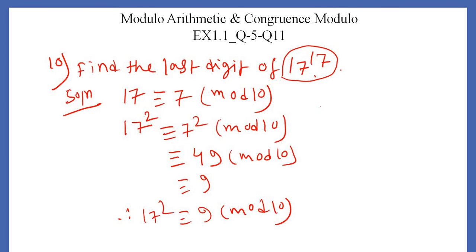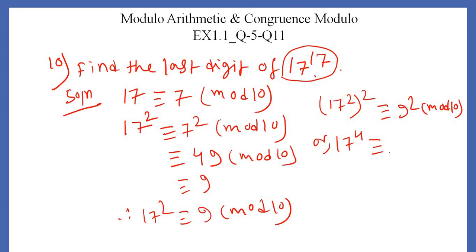Now we take the power 2 again. That means we will raise the power 2 of 17 square. So then we can write it as 17 square of square congruent to 9 square mod 10, right? Mod 10. And what is the value of 17 square of square? 17 to the power 4.